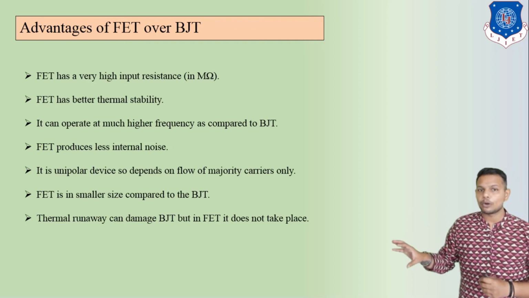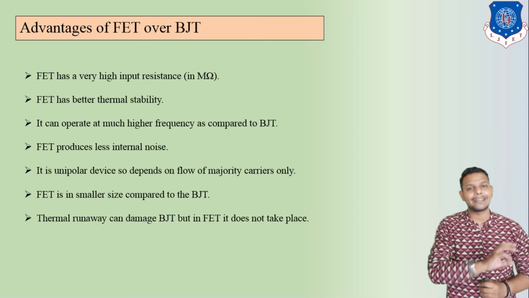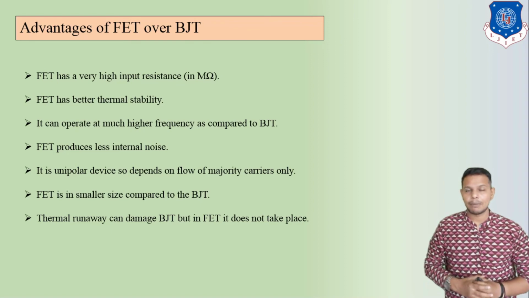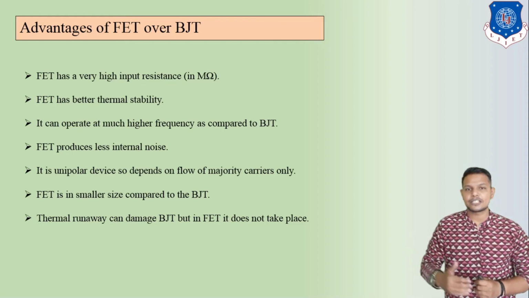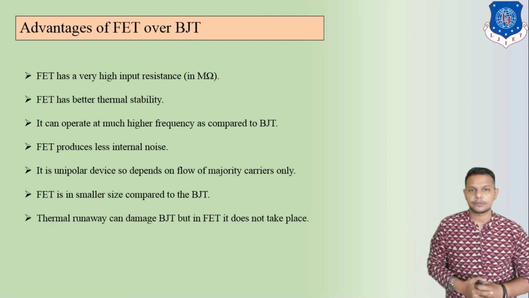It is a unipolar device, so it depends on the flow of majority carriers only. There is no combination of holes and electrons; only majority carrier charges flow, and that's why it is also known as UJT, unipolar junction transistor.